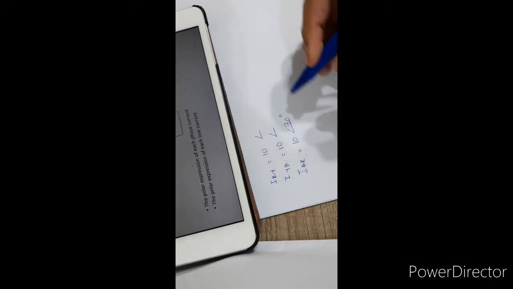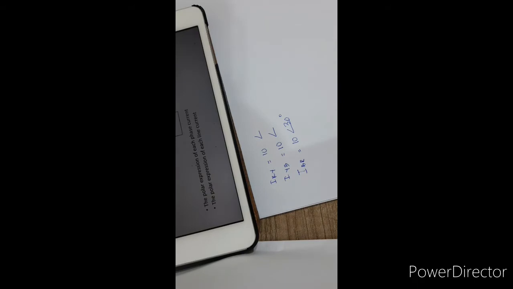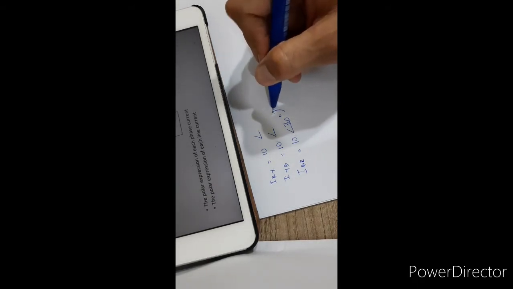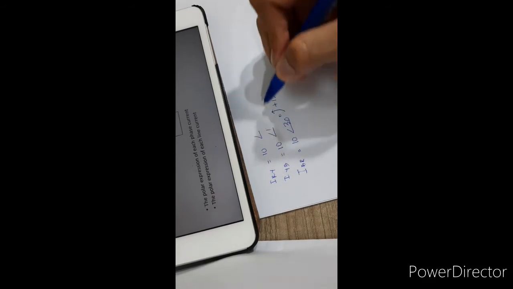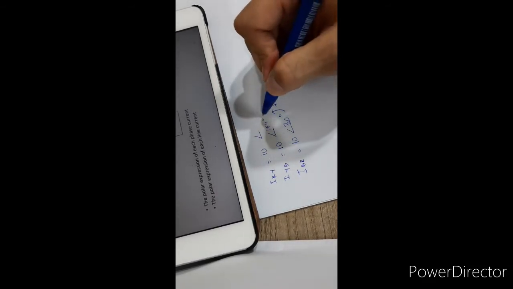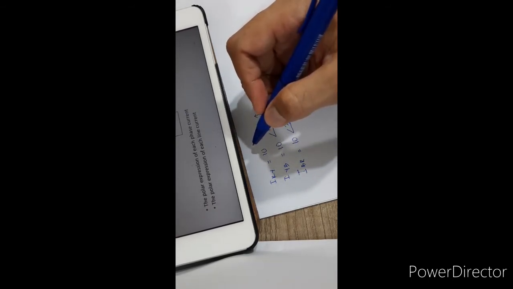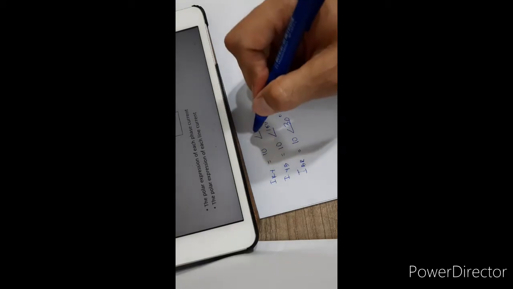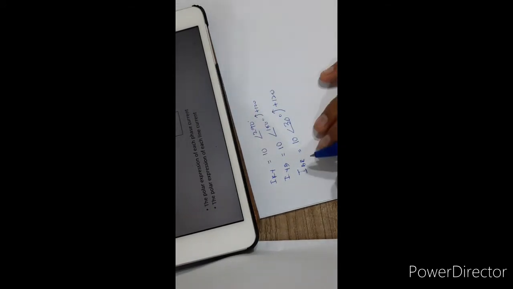Once again, from the bottom you have to plus 120, so the angle is 150 degree, and then plus another 120, so the angle is 270 degree.